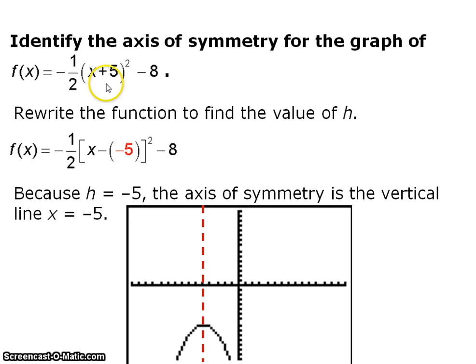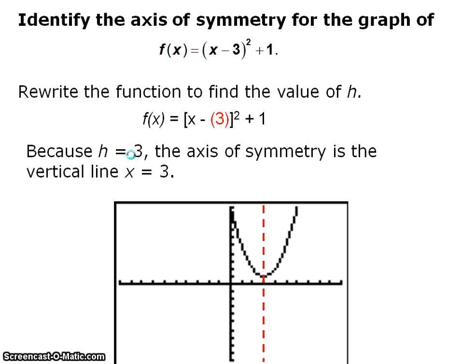But you could just remember that x plus 5 means that h is negative 5. I've gone back to the x minus h form here. So if h is negative 5, I'd end up with x plus 5 because I'd have minus negative 5.